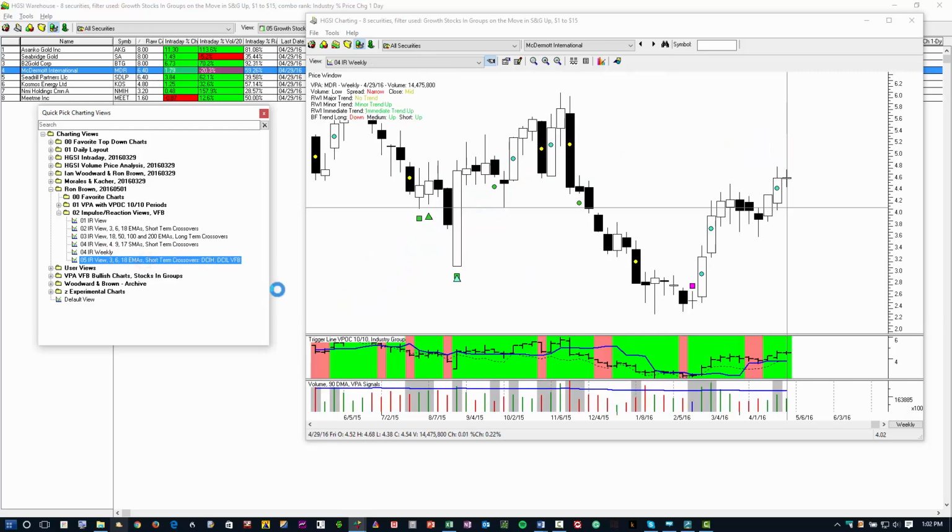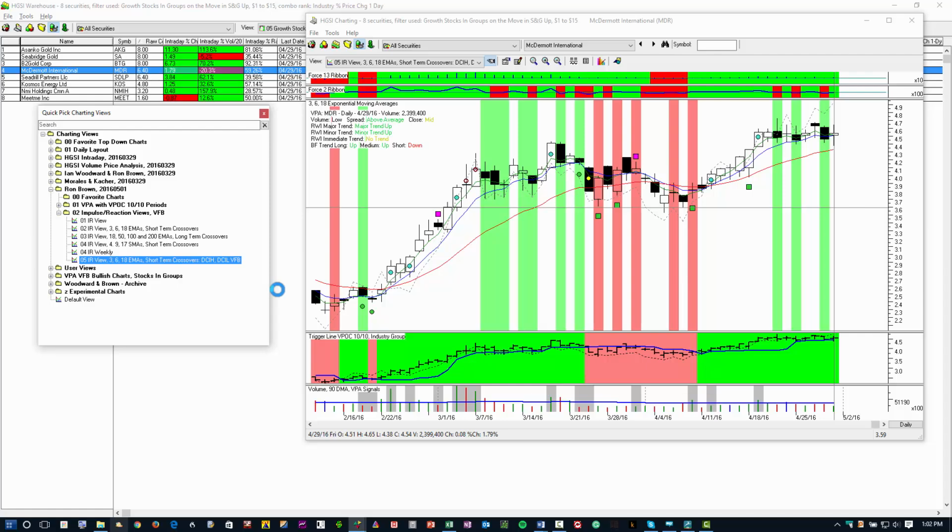And then here is a chart with the volume point of control with the crossovers, the VPA signals, and you can see where it goes positive and negative. Now these VPA volume point of control bars up here are not going to mean anything right now.